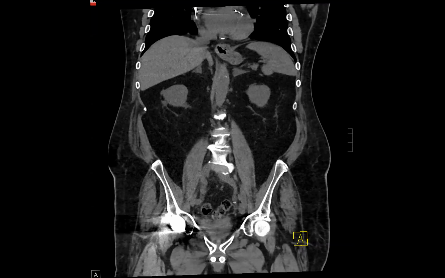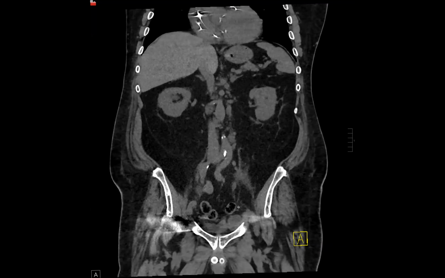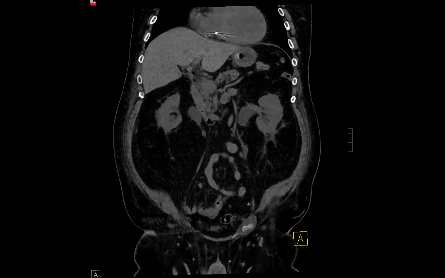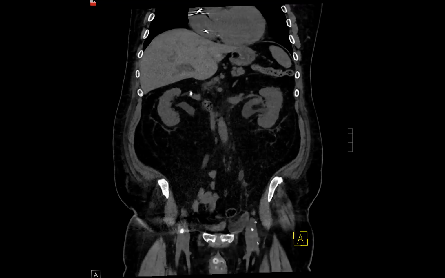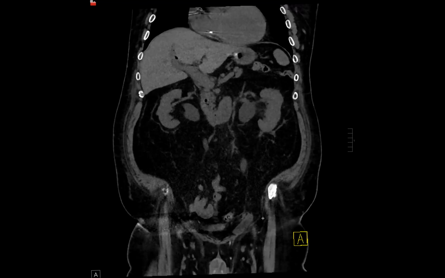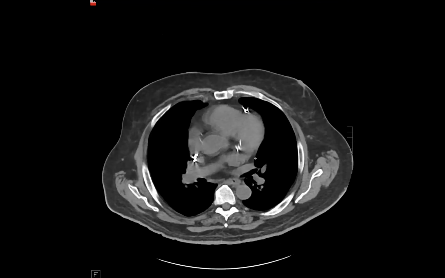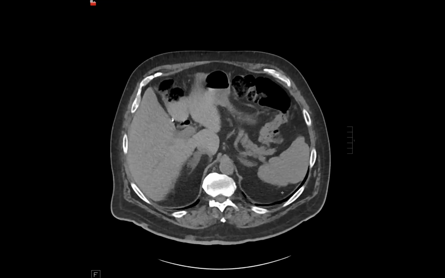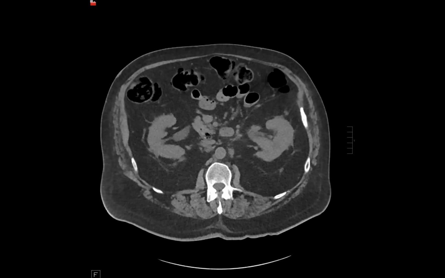Victoria, do you want to go? Sure. I actually opened two cases. This is a patient who came in with hematuria. And then here's axial. No priors.